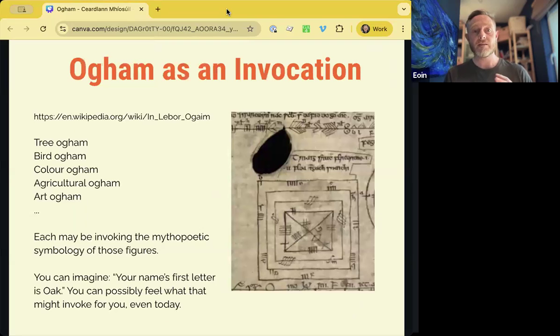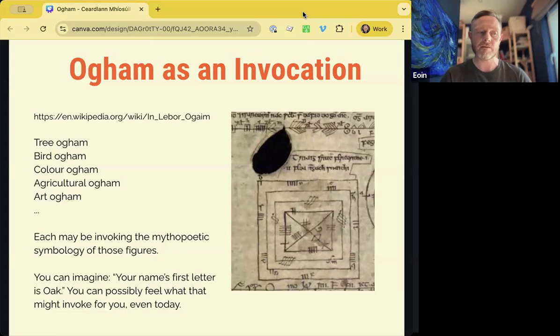But there is definitely that idea of Ogham as an invocation or symbolic. So again, this is a closer screenshot from that same manuscript earlier. And I mentioned they have over 100 types of Ogham. So you've got tree Ogham, but it lists bird Ogham, color Ogham, agricultural Ogham, art Ogham.